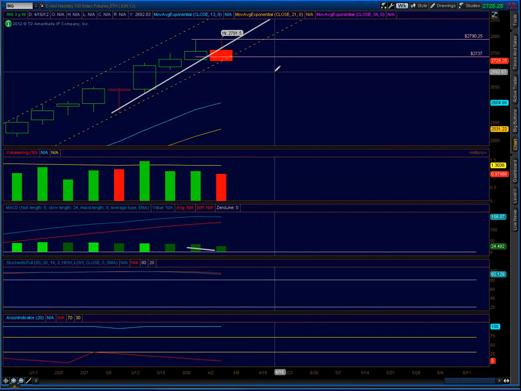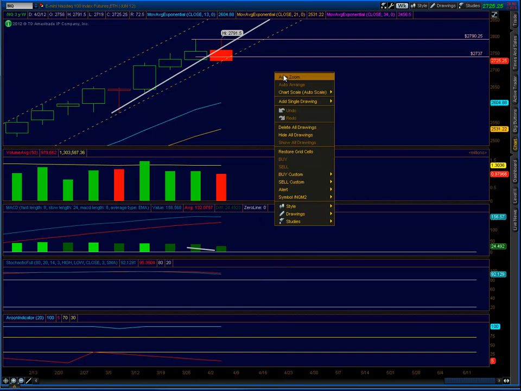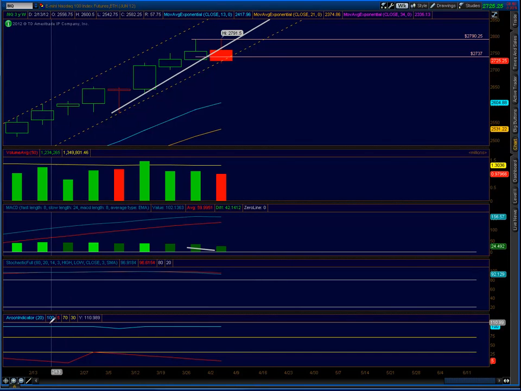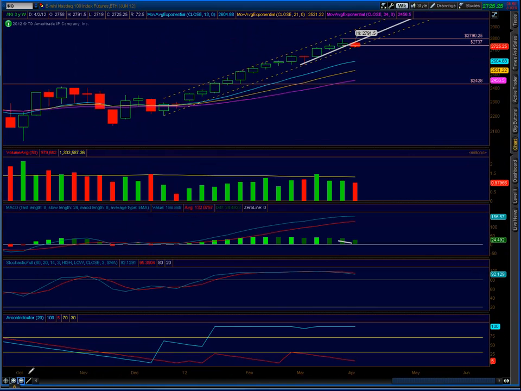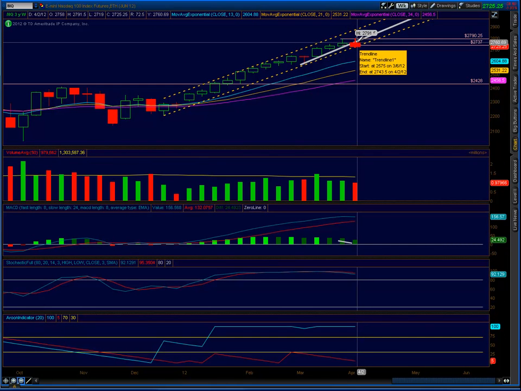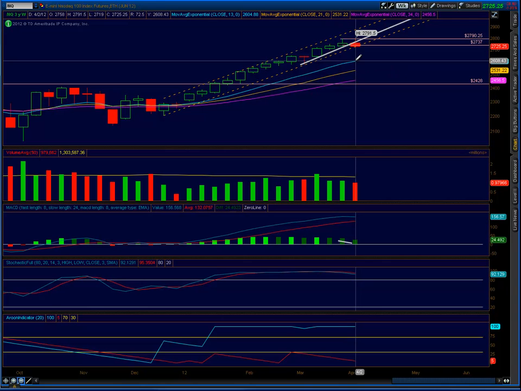These engulfing patterns are very strong patterns, especially since we have one at the top of an uptrend. These tend to be reversal. Also, we are so extended from the moving averages, so we have to come back to the medium moving average to have a little bit of a breather before we continue to higher prices.